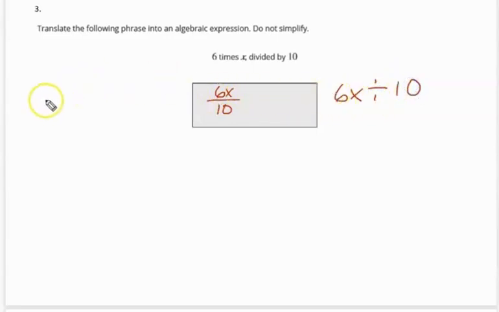Another way of writing this is that you'd use the word quotient: the quotient of 6 times x and 10. The word quotient implies division. So as a little review, I would write that word and tie it into something like this. You'll run across that from time to time.